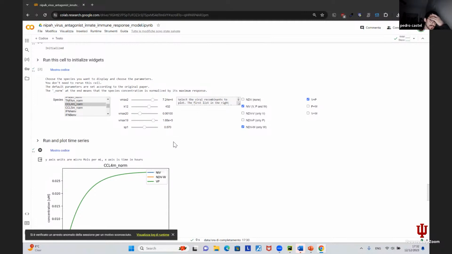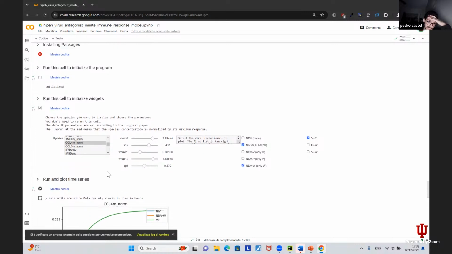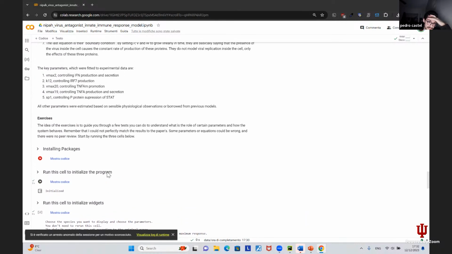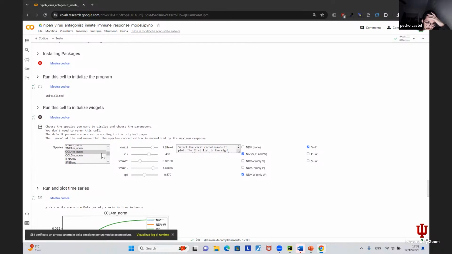Let me think what was... I think, yeah, so let's take interferon production and secretion, Vmax2. So what I've done to check was I select interferon beta mRNA and plot, let's say, just NDV.